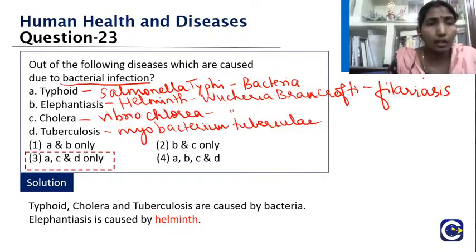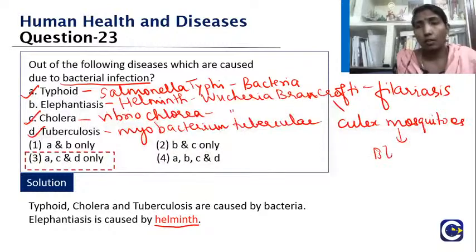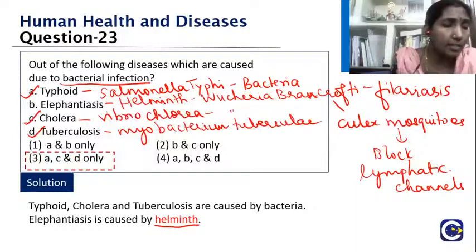Yes, students, you have given the right answer: A, C, D. Elephantiasis is caused by the helminth Wuchereria bancrofti, transmitted by Culex mosquitoes, which blocks the lymphatic channels. The nematode blocks the lymphatic channels and brings about elephantiasis.